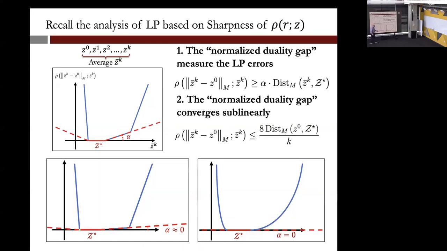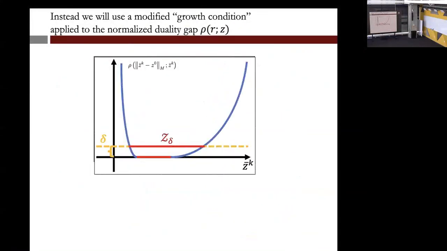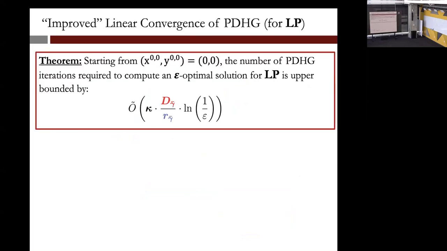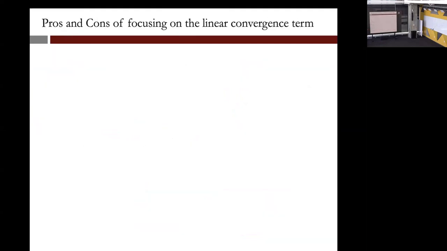And for conic problems, I might not have any sharpness at all. So just want you to know that. This is Zikai's work, the way he got all of this, but I'm going to skip over this. For linear programming, we do get linear convergence, but I don't have time to go into that.